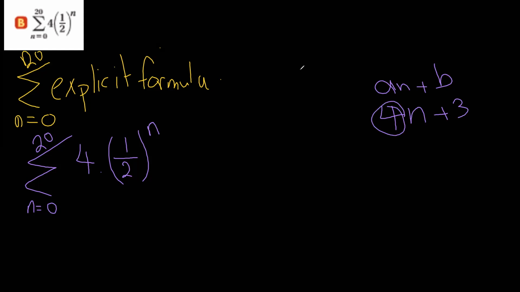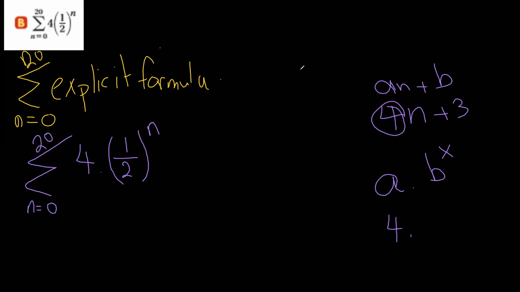That means this 4 is the common difference, this is d. And also in geometric, it has a times b raised to the power x. This is an exponential function.